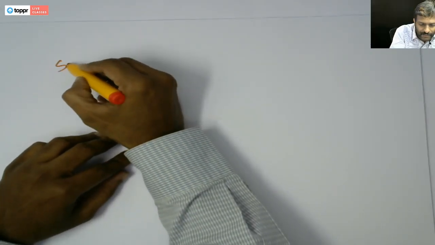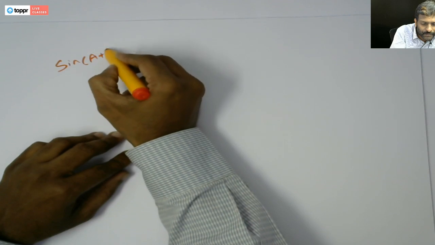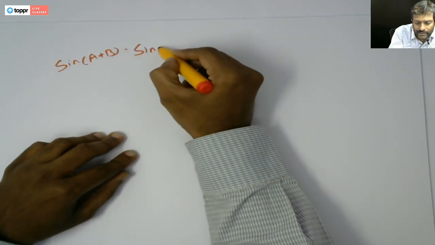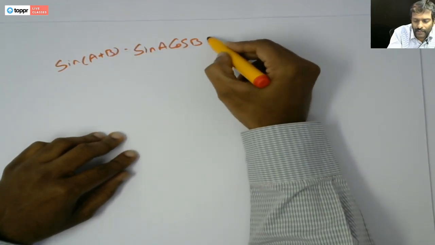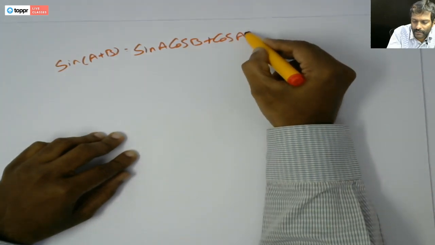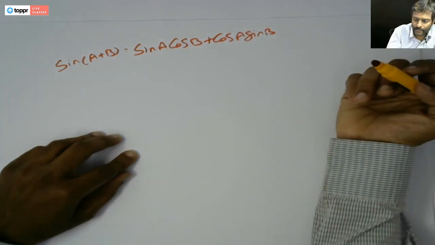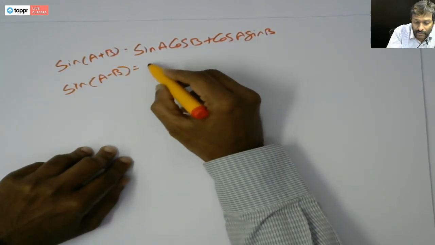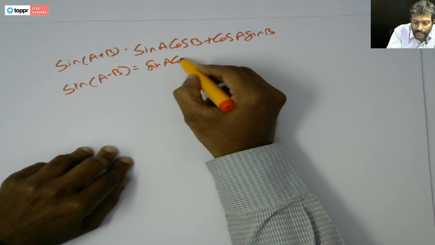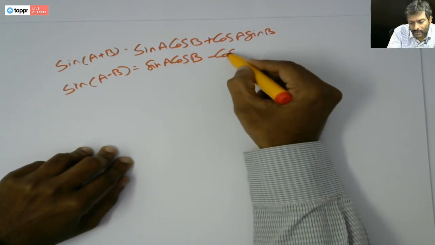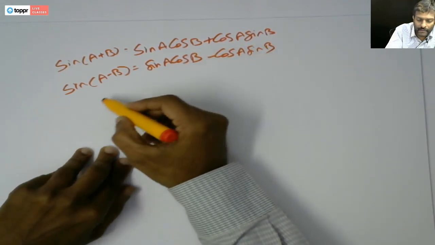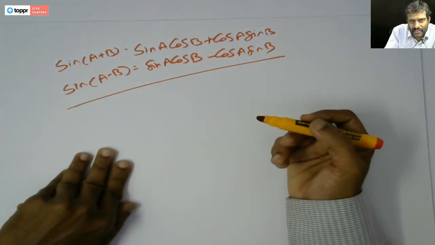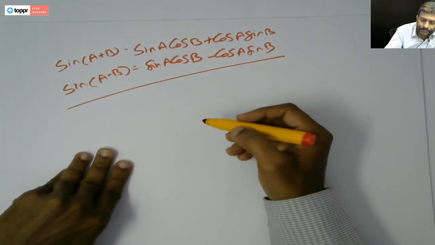I have sine A plus B is equal to sine A cos B plus cos A sin B, right? And I have sine A minus B is equal to sine A cos B minus cos A sin B. If I add these two, what am I going to get?